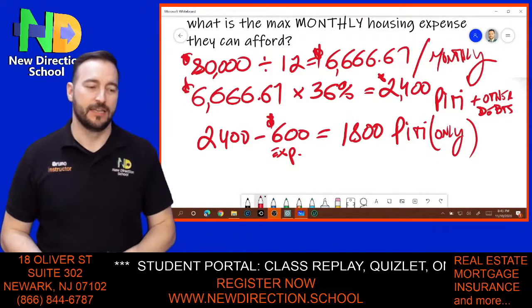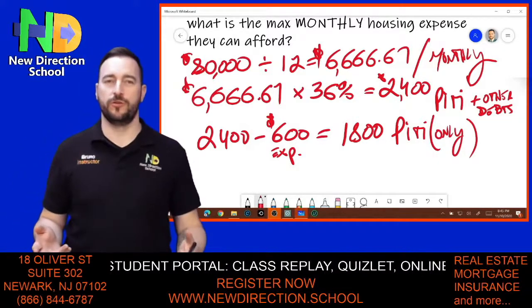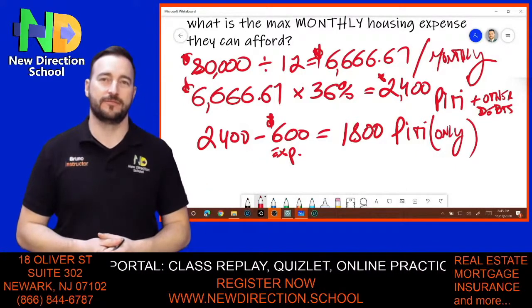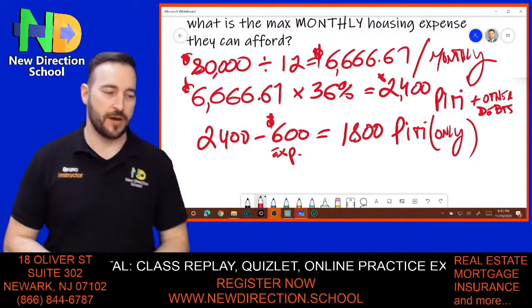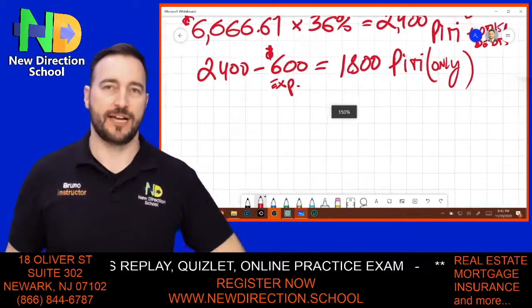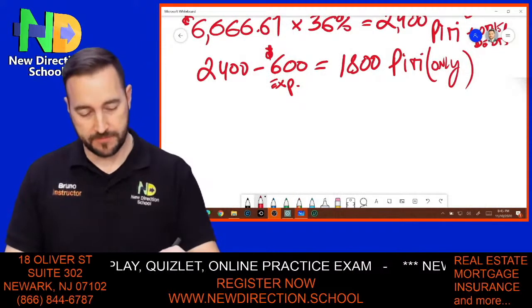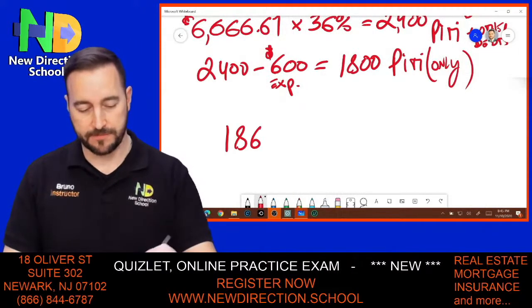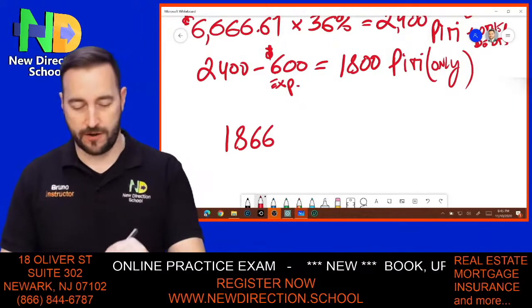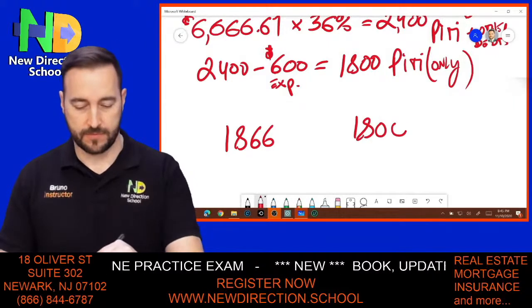Now, I told you I was going to show you how a car could damage you, right? You probably don't see as much of a difference right now. But if you guys remember, without the car, the maximum house is 1,866, right? With the car, 1,800.